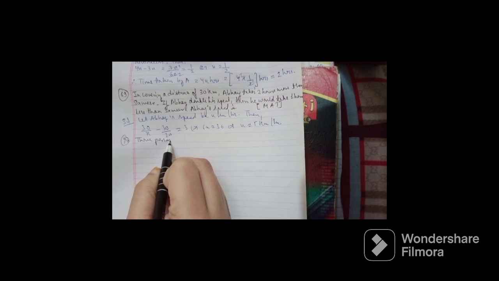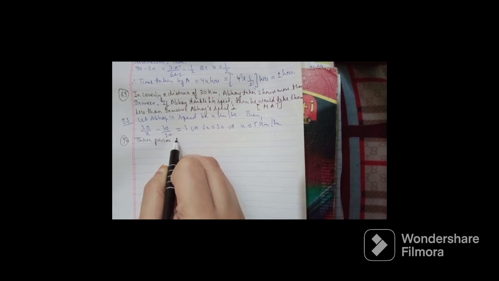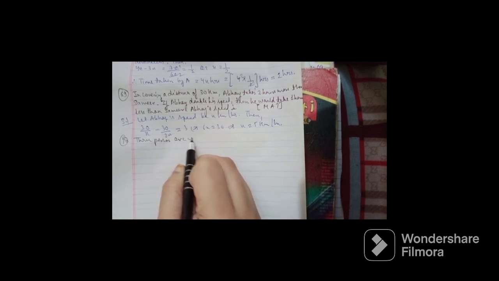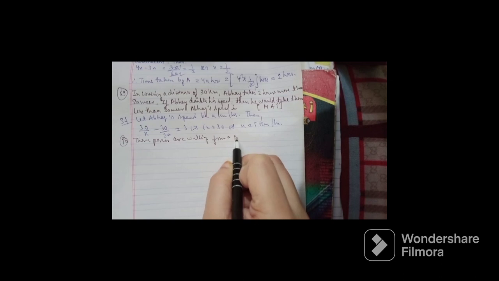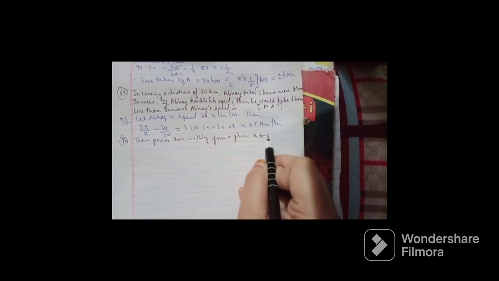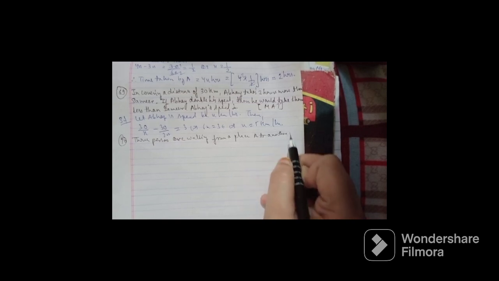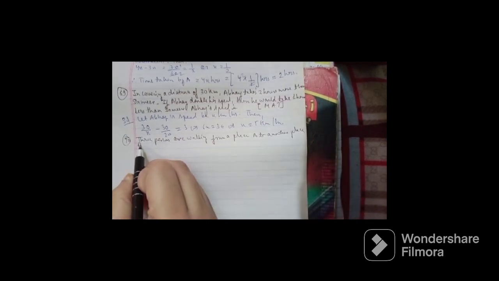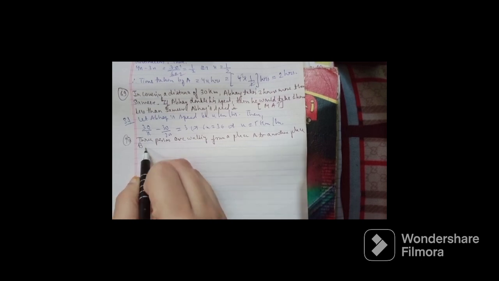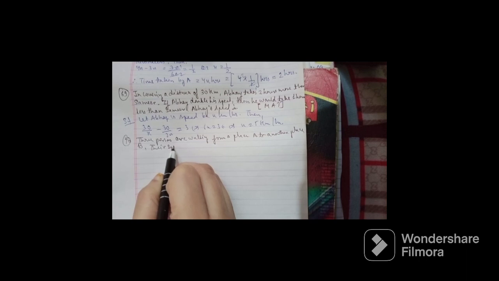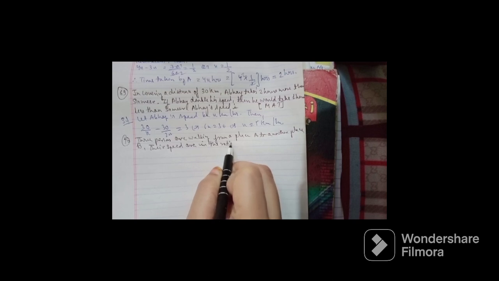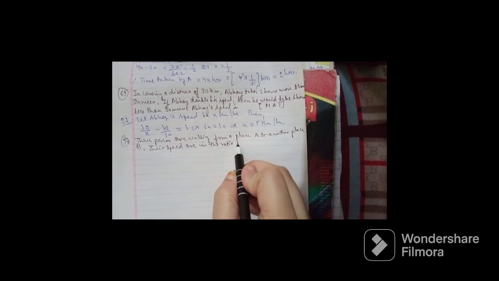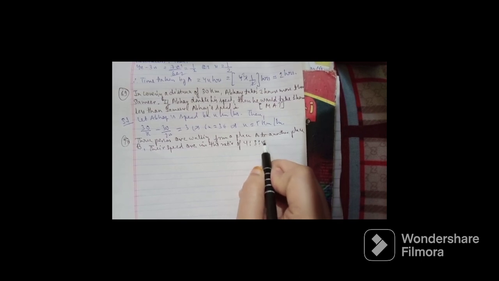3 persons are walking from a place A to another place B. Their speeds are in the ratio of 4:3:5.